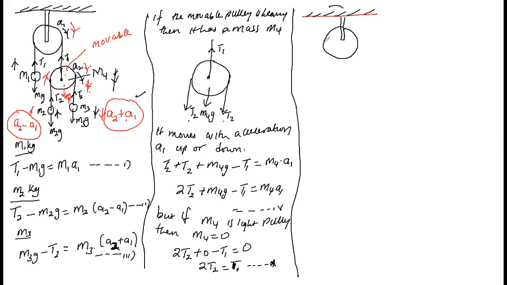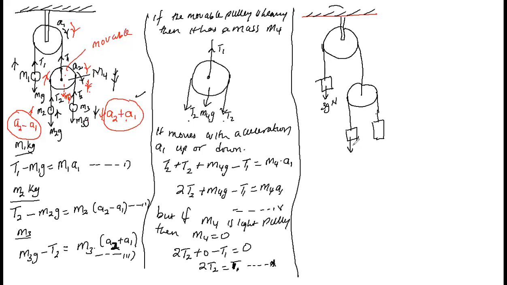So we have a number here. Having 3. This one will have 3G newtons.